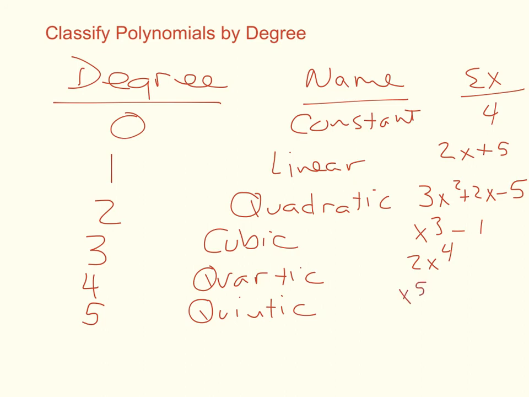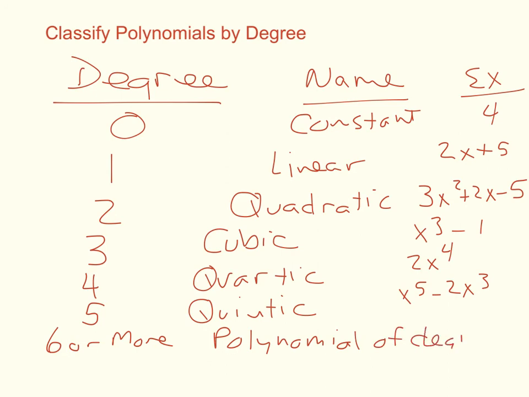So x to the fifth minus 2x cubed, we'll call that a quintic. 6 or more, it's a polynomial of degree 6, 7, 8, and so on. So that's all we have for polynomials. We're getting ourselves set up so that we can add polynomials, subtract polynomials, and multiply polynomials.